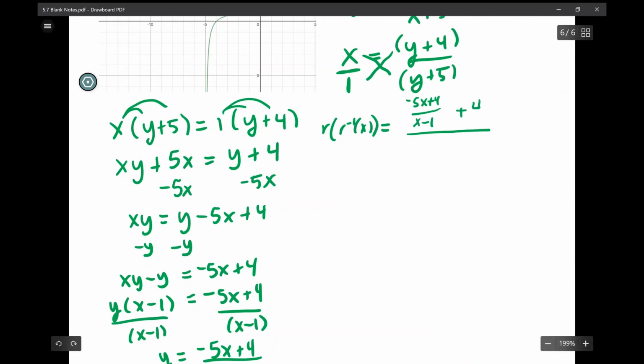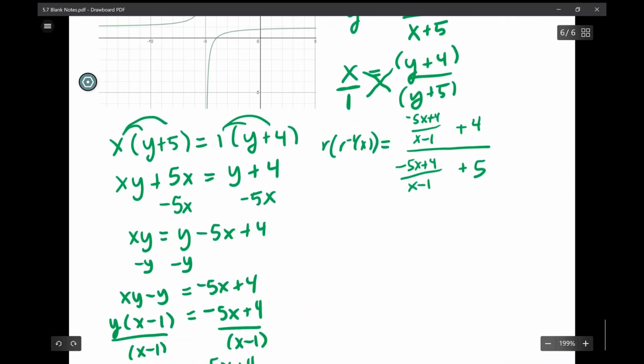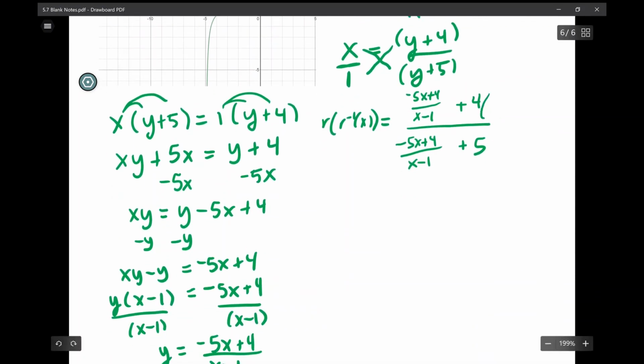So it's (minus 5x plus 4 over x minus 1, plus 4) over (minus 5x plus 4 over x minus 1, plus 5). So my original function r, everywhere I see an x, I'm now putting the inverse function. I'm going to have to add some fractions here, so I'm going to multiply 4 by (x minus 1) over (x minus 1), and the same for 5, because I need to get those common denominators.